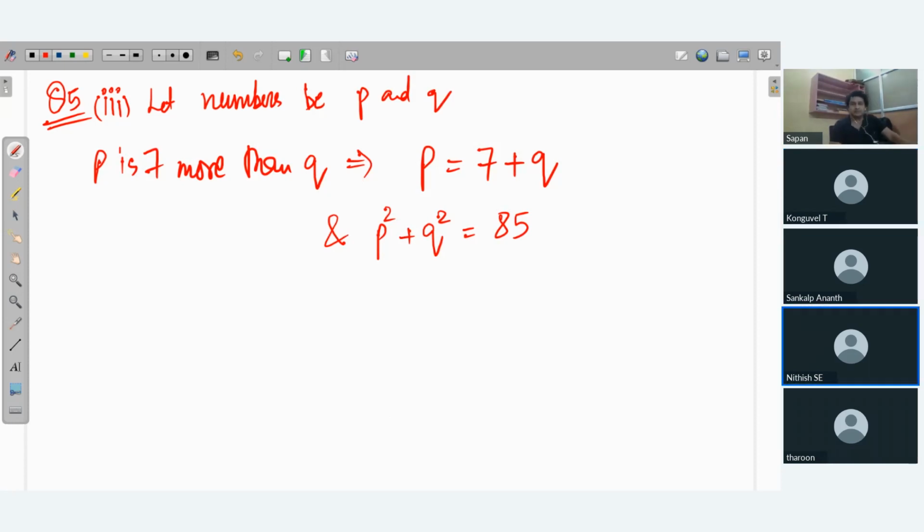I substituted P with Q minus 7, since P is equal to Q minus 7. So I did Q minus 7 whole square plus Q square is equal to 85. Then I wrote the formula, this is A and this is B.